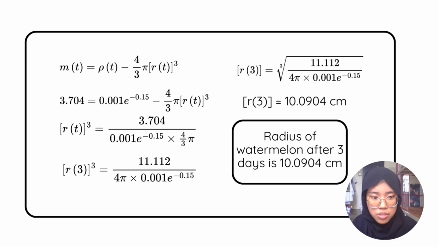After that, we solve the equation and we got the radius of the watermelon at t = 3 days is 10.0904 cm.